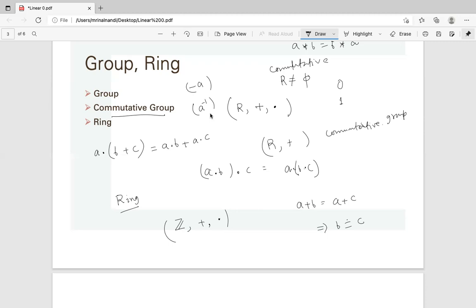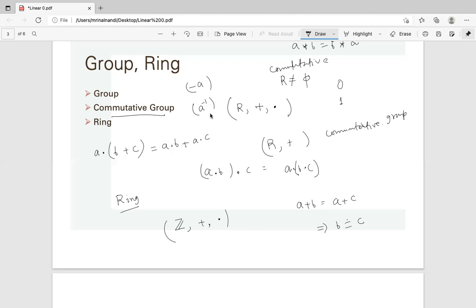That is with one binary operation. But once two operations are there, you should clearly distinguish between two different inverses. That's why we use two different notations. If it is only one operation, say the usual addition, then we can say A to the power minus 1.